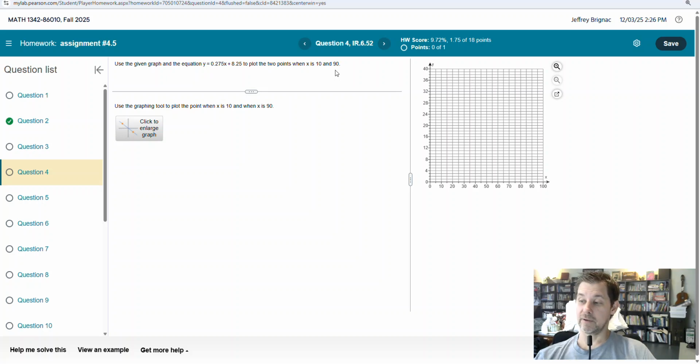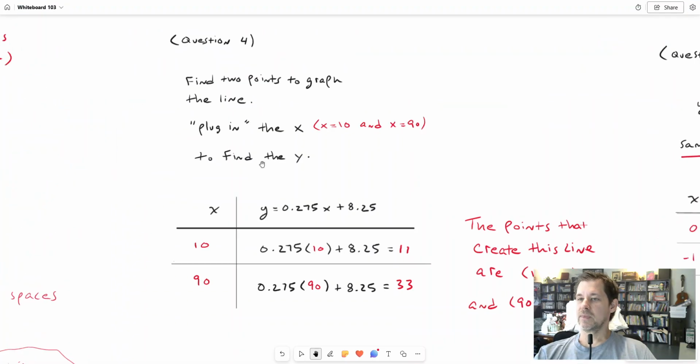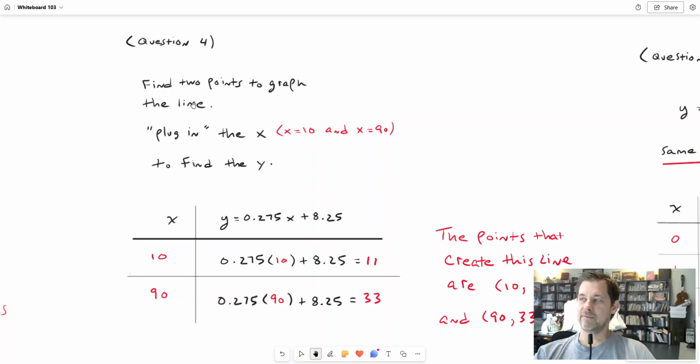Okay? So, all right. Let's look at it on my whiteboard. I want to find 2 points on this graph through the equation. They gave me that x is 10 and x is 90, and I'm going to see what that gives me for y. The equation says y is 0.275 times x, plus 8.25. So if I know what x is, this equation gives me a way to figure out what y is supposed to be.